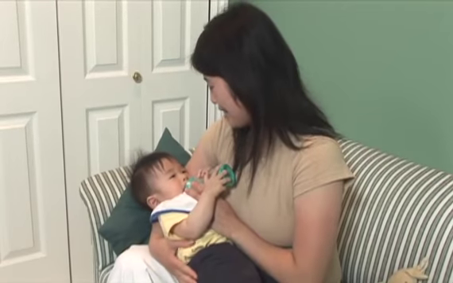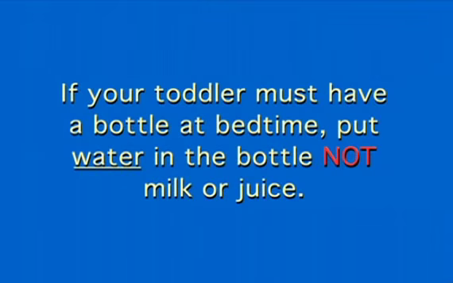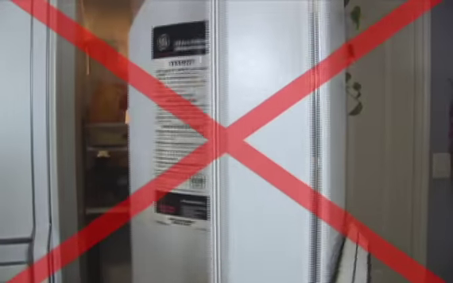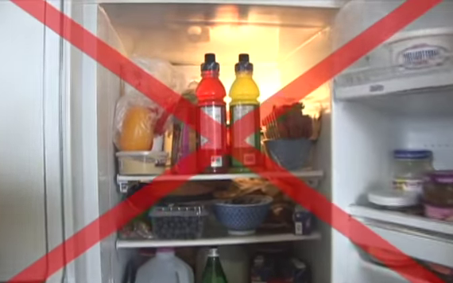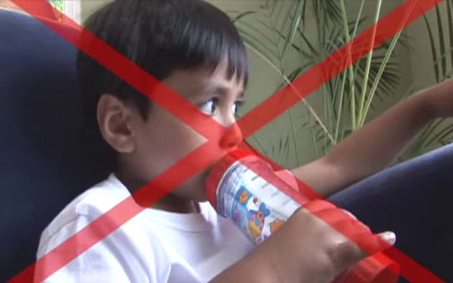Hold baby for bottle feeding. Don't let them roam or go to bed with a bottle. If your toddler must have a bottle at bedtime, put water in the bottle, not milk or juice. Never give soda pop to a baby or toddler. Don't give them sweetened drinks in a bottle or sippy cup.